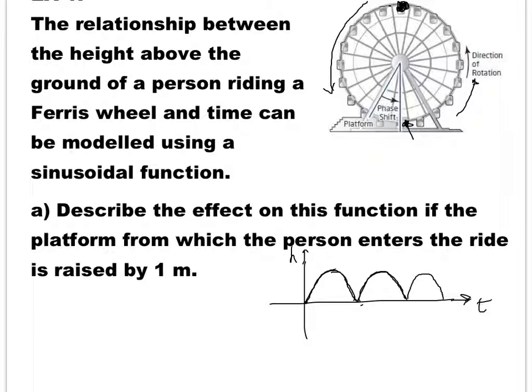If the platform now is here, you can see that when the person enters the platform, the height is not 0 anymore. So the height is going to be somewhere around here. Then as time passes, because the Ferris wheel turns like this one, the height decreases and it gets to 0.